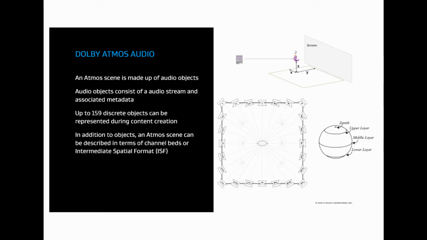And so the format itself has what we call intermediate spatial format, which is a hybridized transformation of a higher order B format representation. And what you can see here is our layers, right?